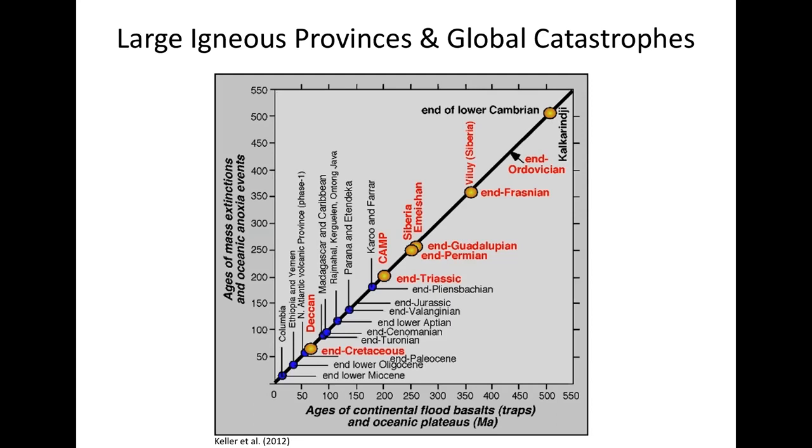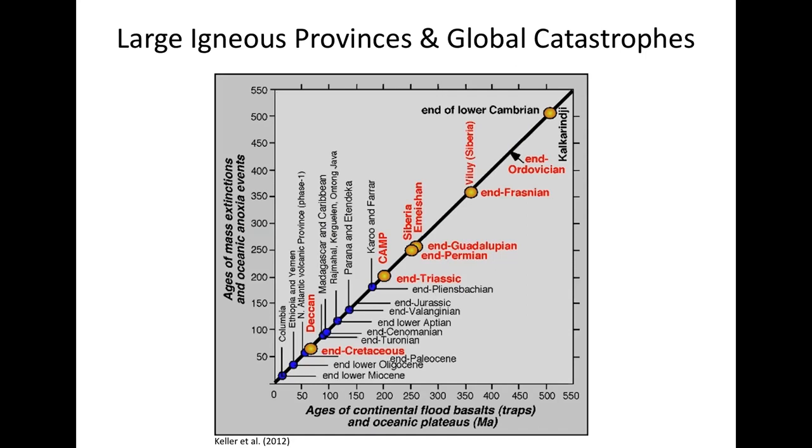This is basically a graph of Mark's list, really, of the relationship between large igneous provinces and global catastrophes. And some of those are mass extinctions, such as the orange ones here, but some of them are climate change events, warming events in the case of the PETM, and some of them are ocean anoxia events.